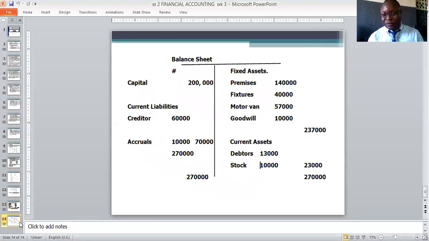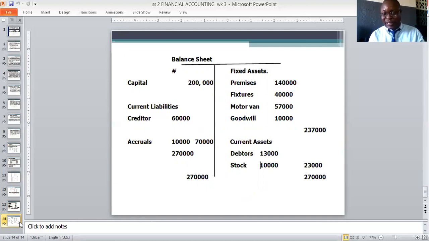That purchase price will represent our capital in this balance sheet. So we have the creditor under the current liability, 60,000 naira, then acquire is 10,000 naira. When you add 10,000 and 60,000 together, you are going to get 70,000. So let us add it with 200,000. You get 270,000 naira for the liability side.